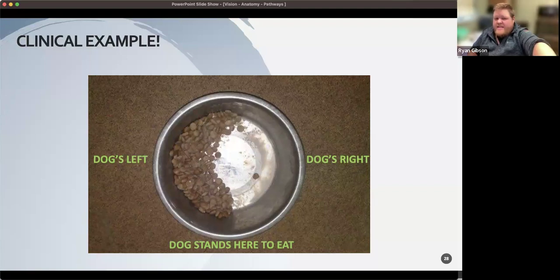But if he can't see this food, all right, the food on the left side of the bowl, that means his right cortex is probably not interpreting that there's food in the bowl. So what's happening is his eyes are like, yep, information coming in. I'm seeing the light, but the right cortex is not aware that that is food. It can't distinguish that as food, so he's not going to eat it.